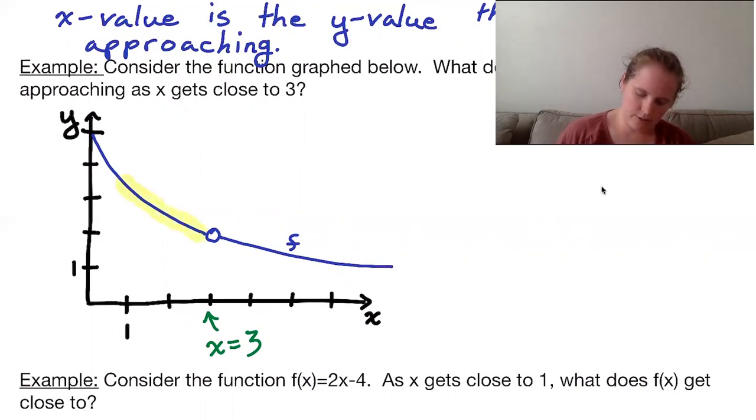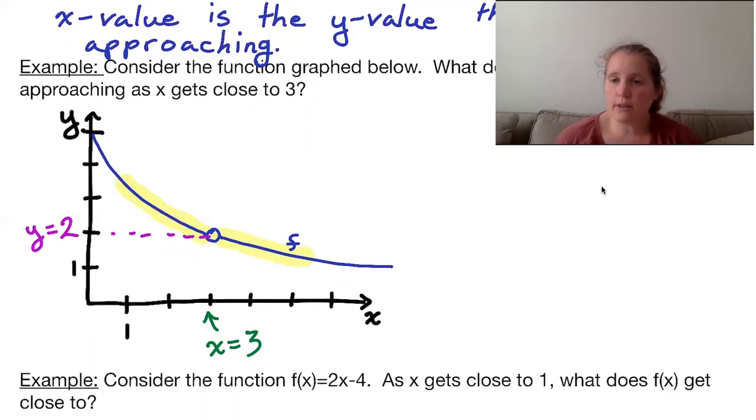As we get closer and closer to x equals 3, coming from the left, it appears like the y value we are landing at would be y equals 2. Similarly, if we come in from the right, as x comes into 3, it also looks like our y value is still approaching 2.